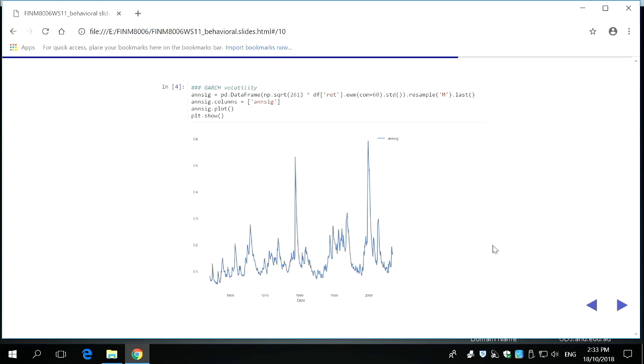If you look at this graph, this is basically the volatilities. This volatility increases in the financial crisis, increases during the dot-com bubble, increases with the 87 crash.